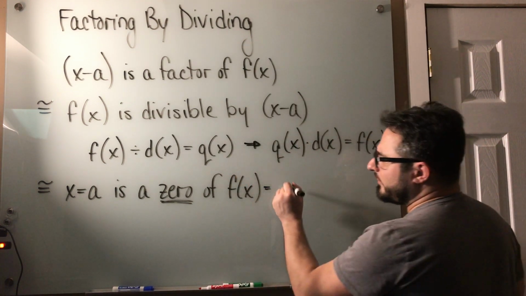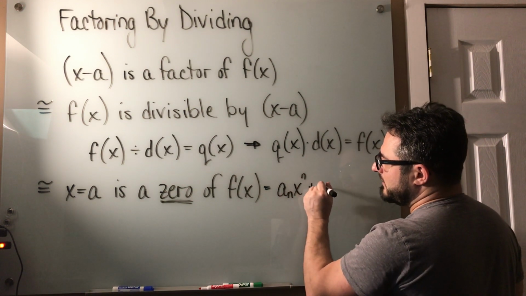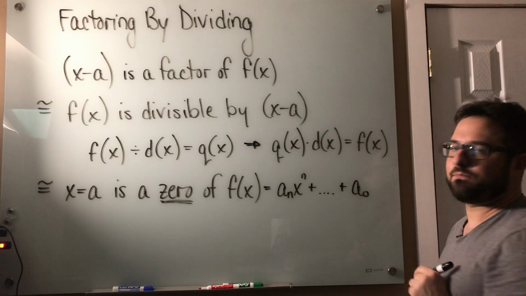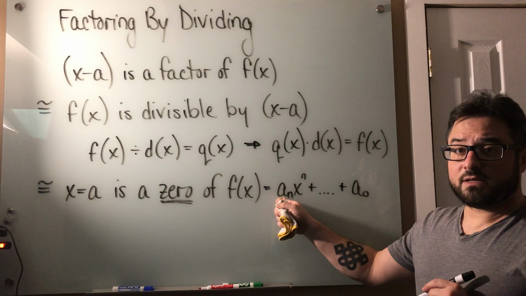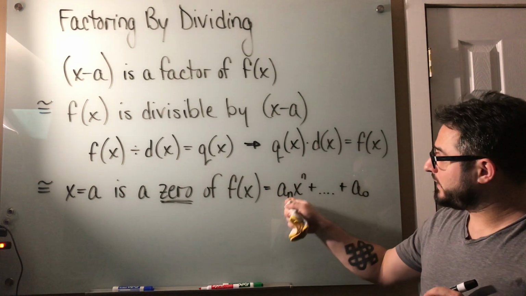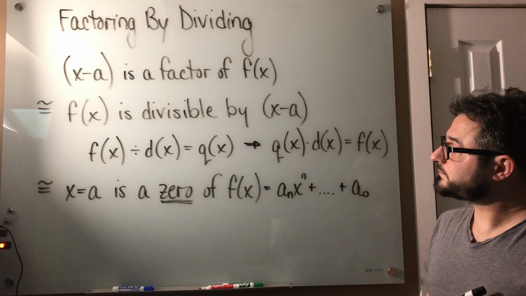Well, let's remember the form of a polynomial: a sub n, x to the n, etc., counting down until we get to a sub 0. All of the coefficients are labeled by the variable a, but subscripted by the degree of the term that they are attached to.